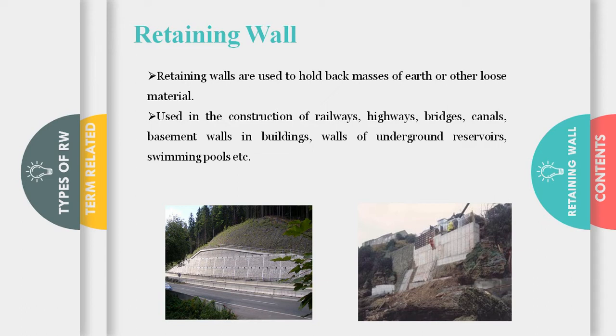Typically, it can keep a stiff near-vertical or vertical slope. Mostly it is used in hillside farming or roadway overpasses. It is also used in the construction of railways, highways, bridges, canals, basement walls and buildings, above-ground reservoirs and swimming pools, etc.